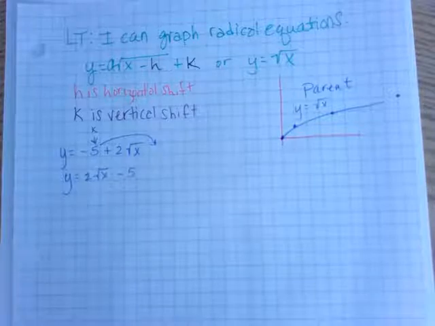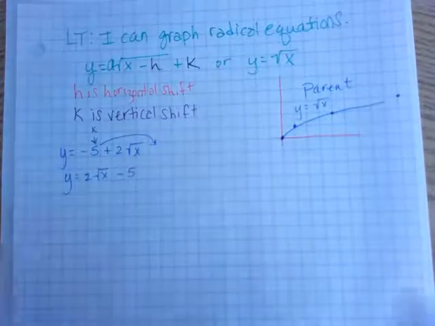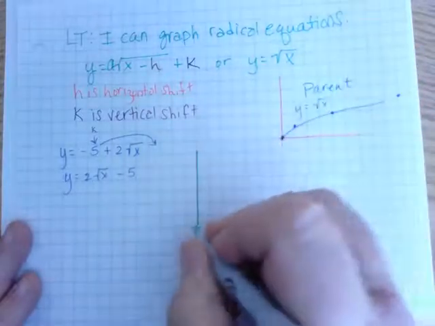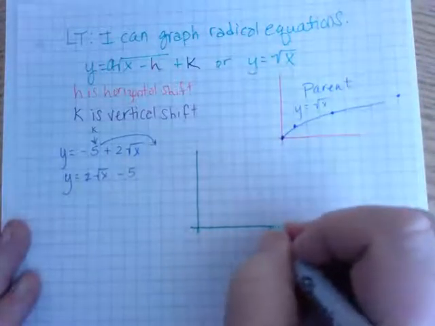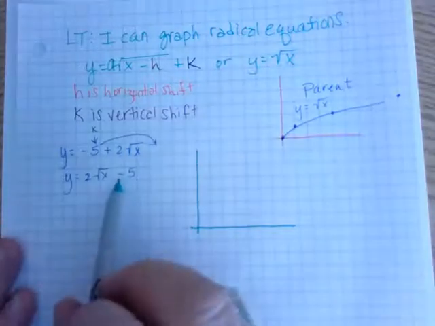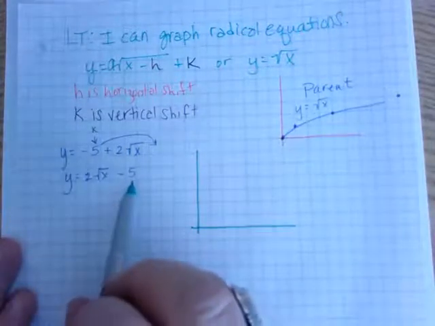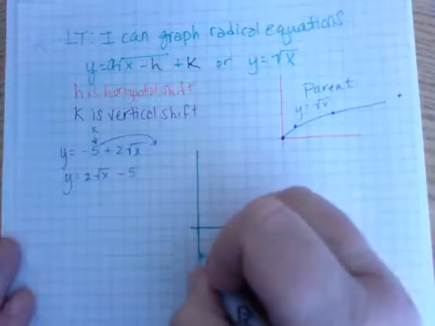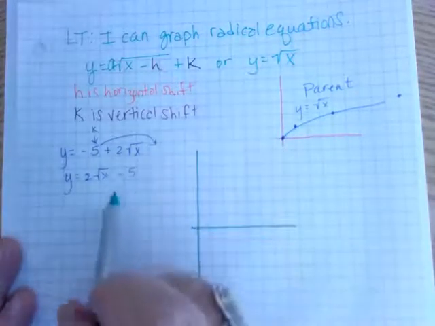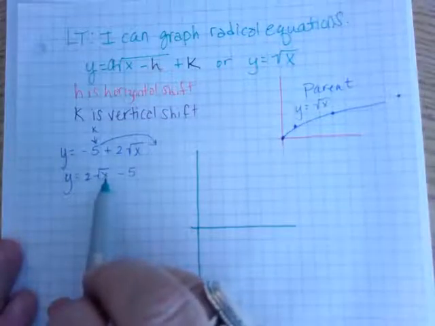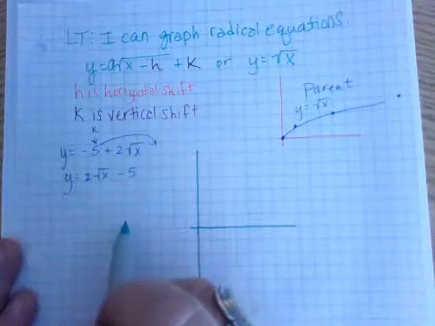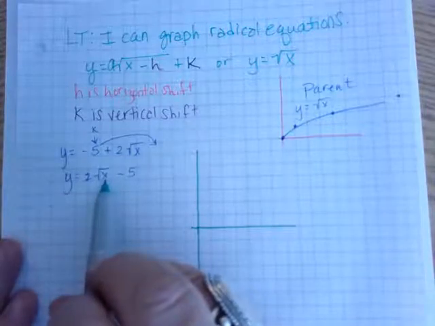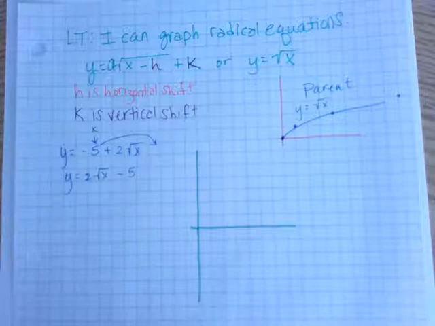So what I'm looking for is, normally I start my parent function at the point 0, 0. But this one has a vertical shift. There's a k here of -5, so we have a vertical shift. And that means that my 0, 0 is actually going to go down 5. I do not have an h value, so I'm not going to move horizontally, but I am going to move down 5.